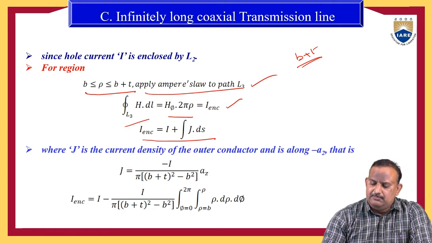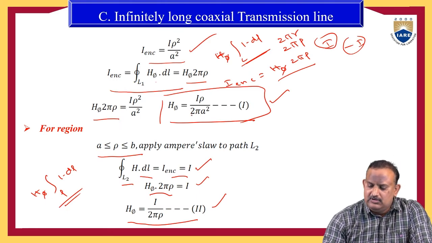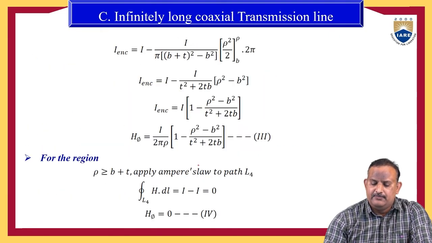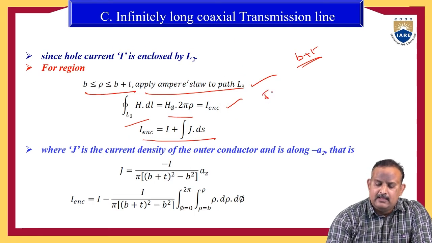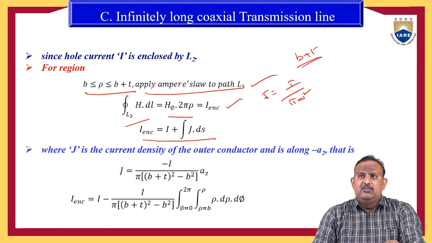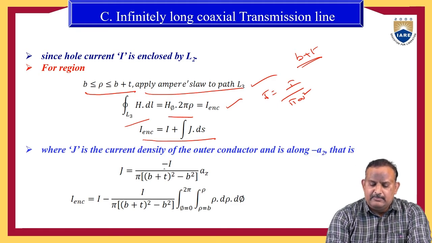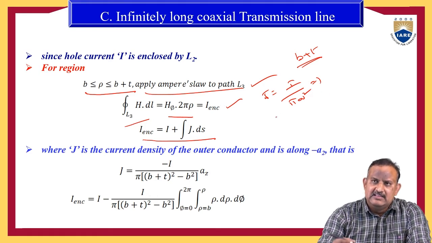We know from the previous expression that the current density J is equal to I by pi a square. Because here we are applying a negative current, minus I, to the second conductor, by using this expression I am directly writing the current density for the second conductor.